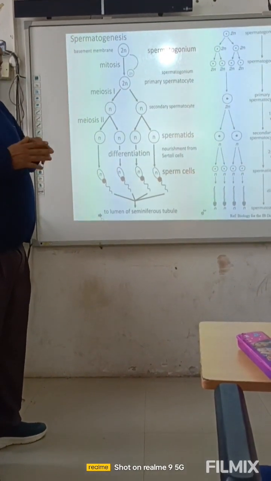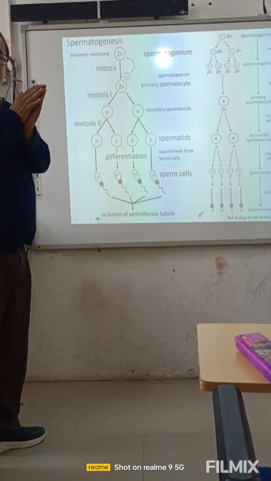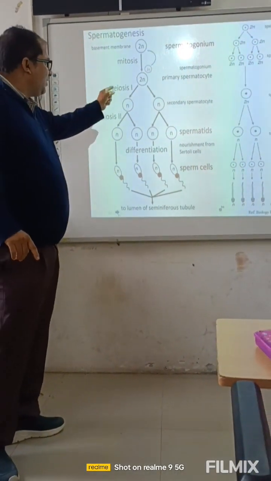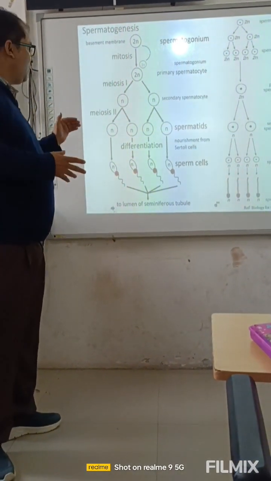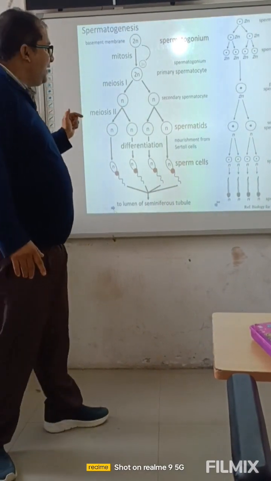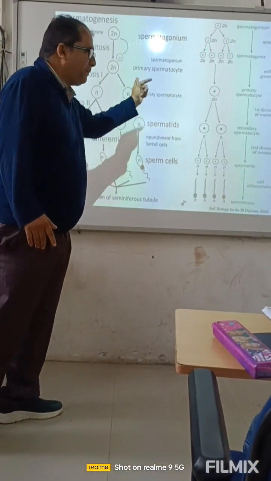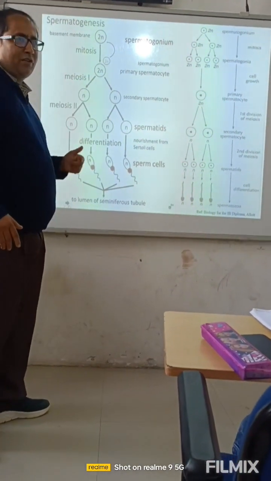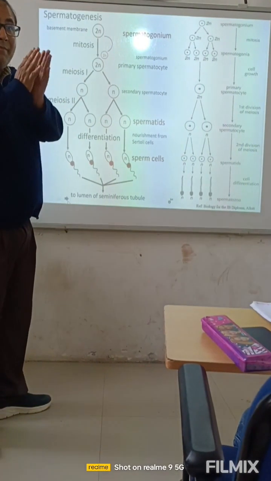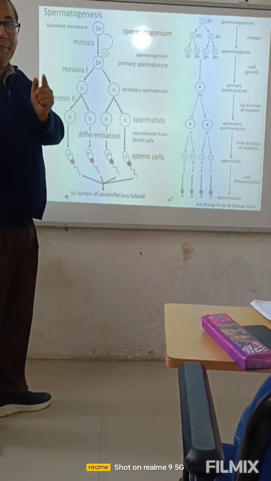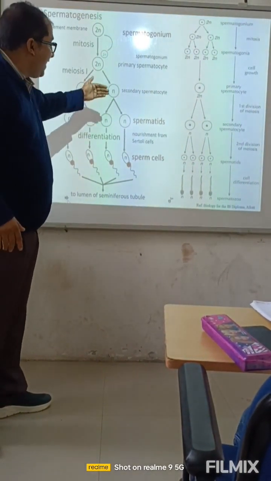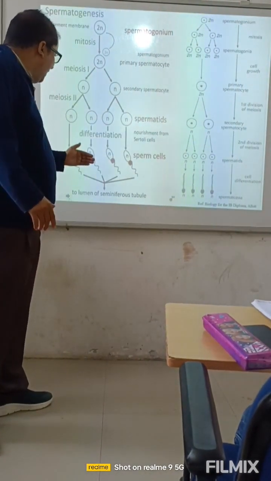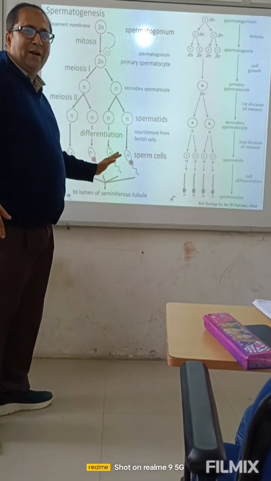There are two steps, meiosis 1 and meiosis 2. In meiosis 1 there is formation of secondary spermatocyte, and the secondary spermatocyte is halted at a place, I will explain. Then the secondary spermatocyte develops into a spermatid, and further into spermatozoa.